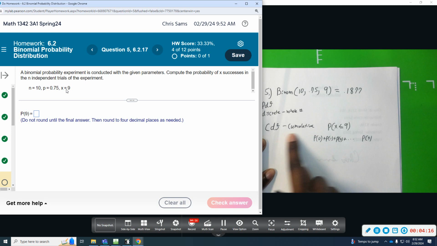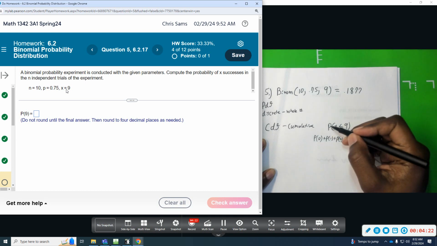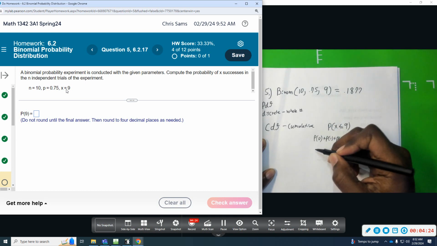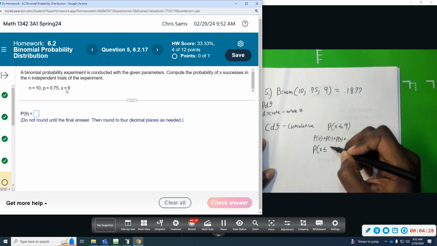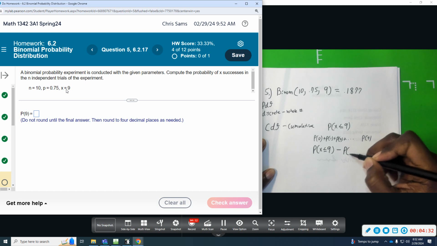If you want to use the cumulative table to find that probability, if you had the correct probability of success, you would find the probability of 9, and you would subtract the probability of 8 or less, so X less than or equal to 8.